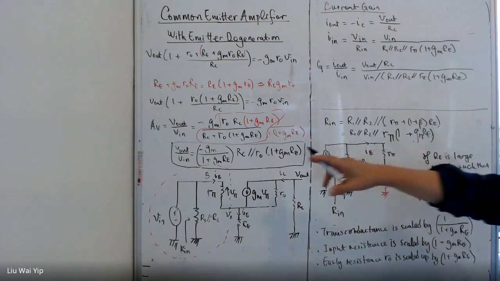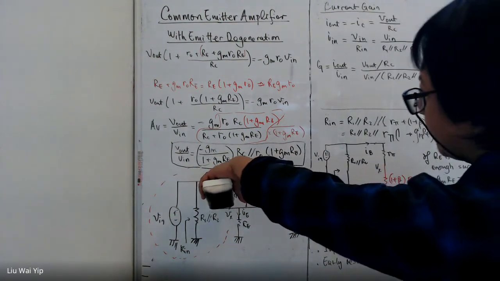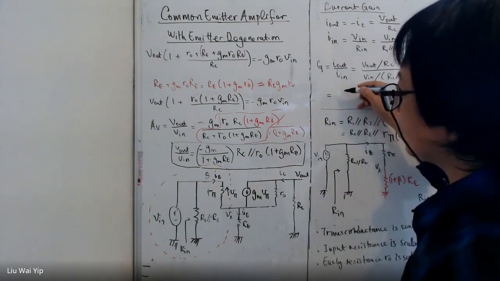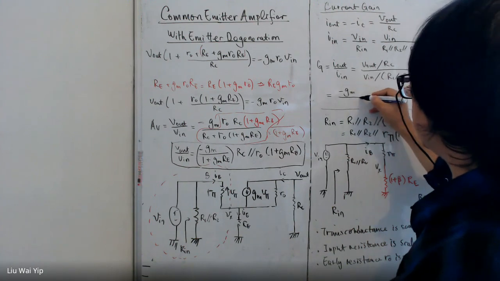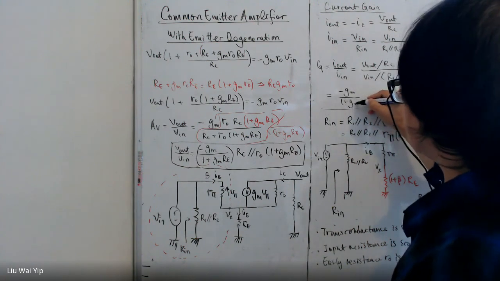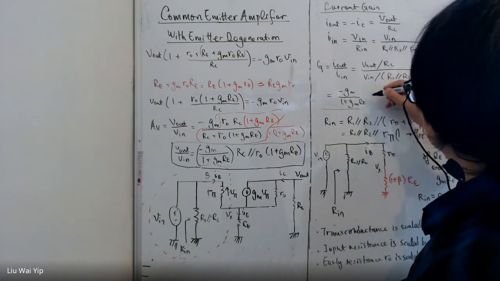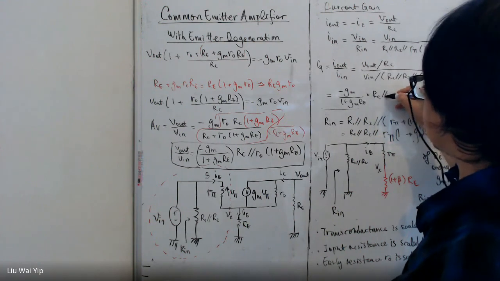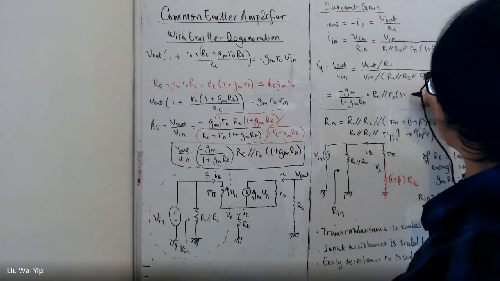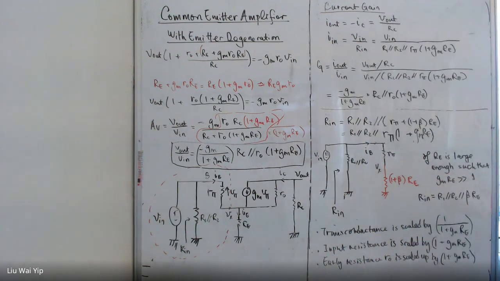And we know that the voltage gain can be calculated from here. So we can do that. Gm over 1 plus Gm RE, this is the voltage gain, and times another value, right?